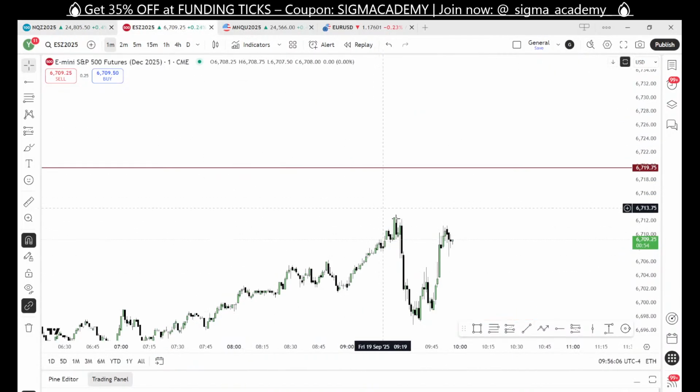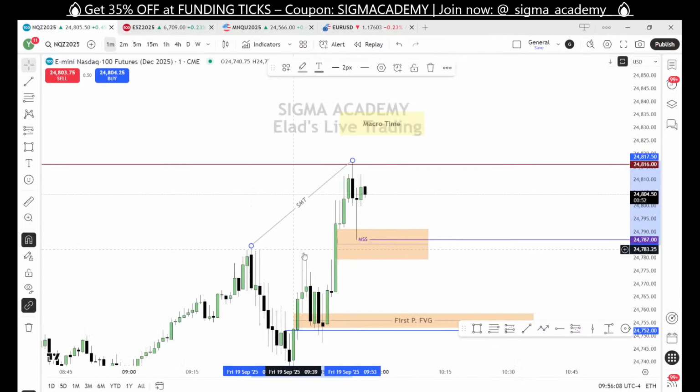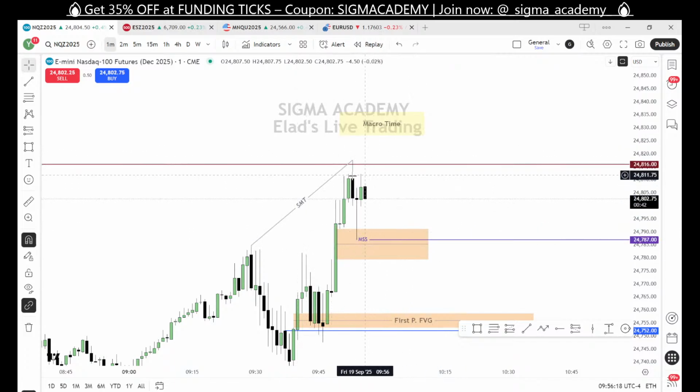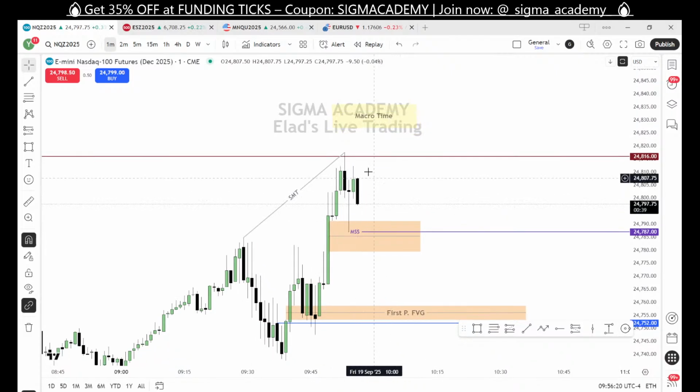The NQ took this high. The longer we stay in this range right here, the longer I will prefer that the market will manipulate the highs.